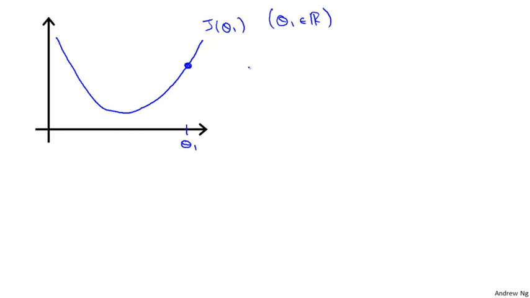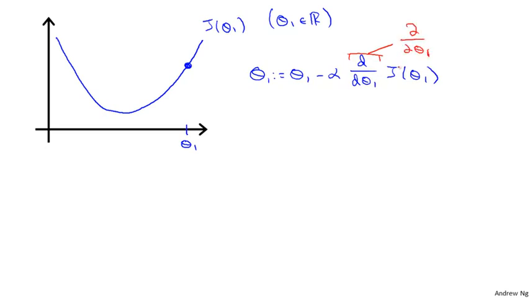What gradient descent will do is update theta 1 as theta 1 minus alpha times d/d theta 1 of J of theta 1. And as an aside, if you're wondering why I changed the notation from these partial derivative symbols, if you don't know the difference between these partial derivative symbols and the d/d theta, don't worry about it.